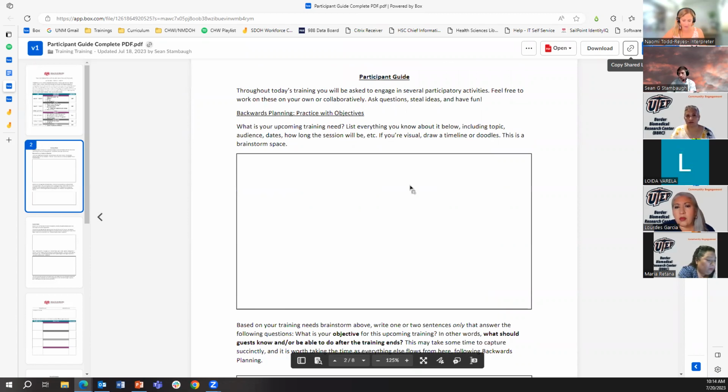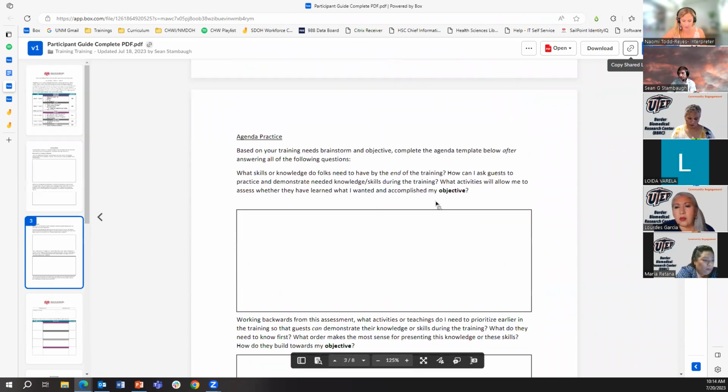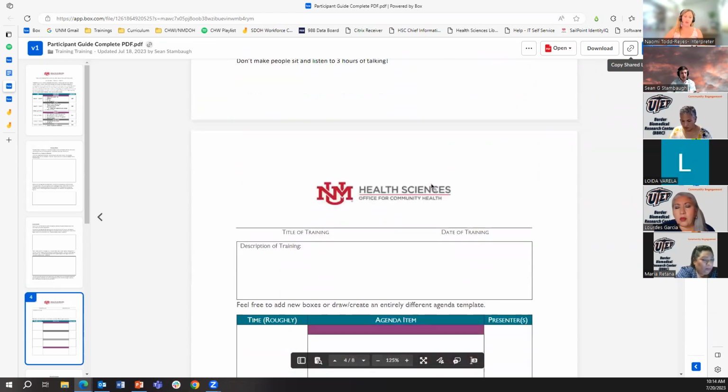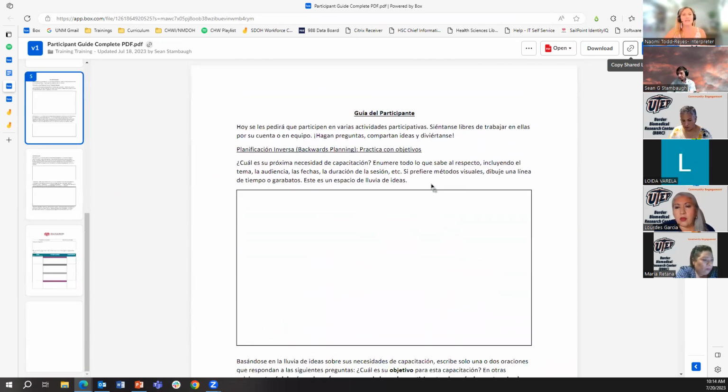I'll go over it when we get to it later in today's training in just like 15, 20 minutes. But I want you to know where it is so that when I say participant guide, this is what I am talking about. If you keep scrolling down on the participant guide, there is a Spanish version that is also included in the same file.